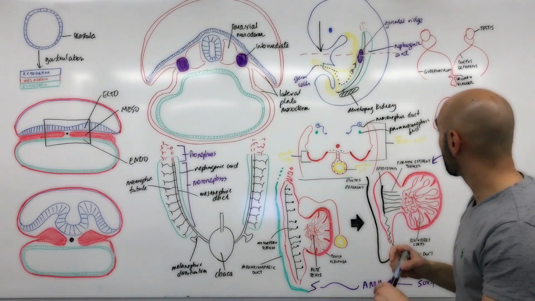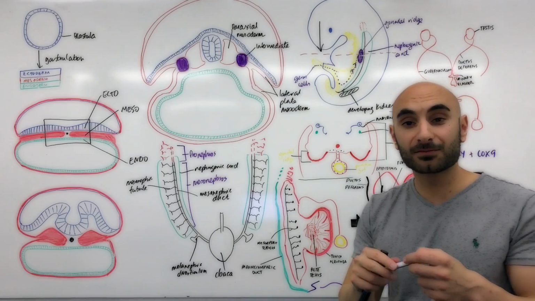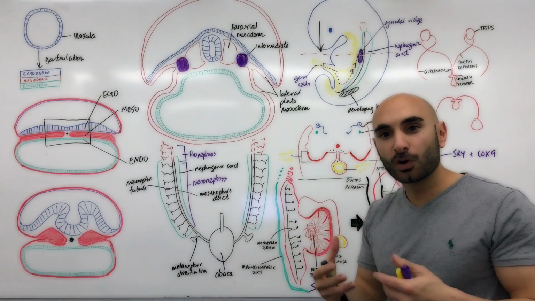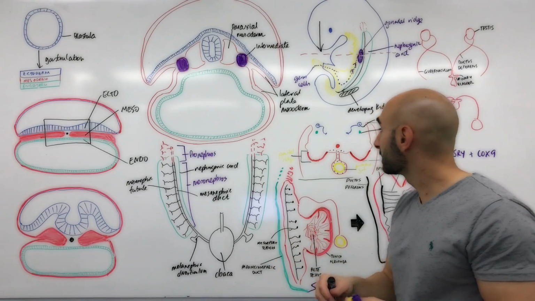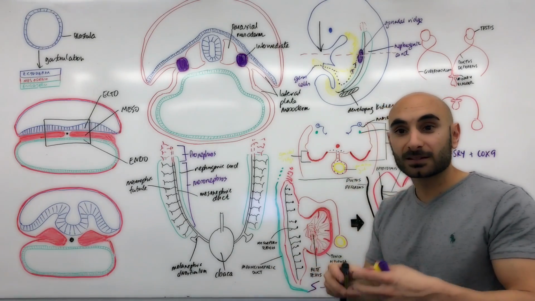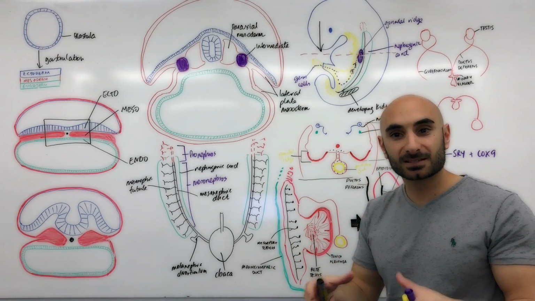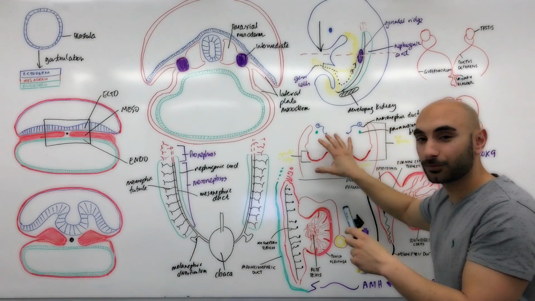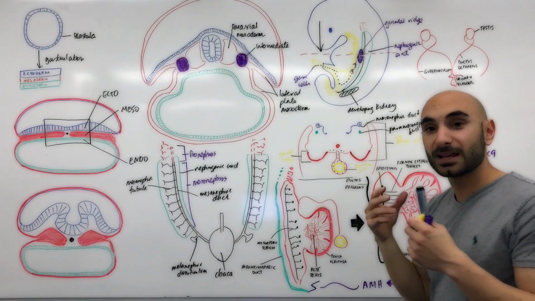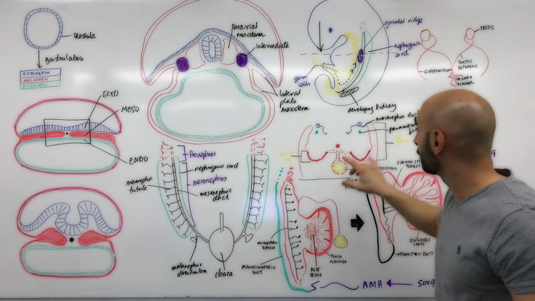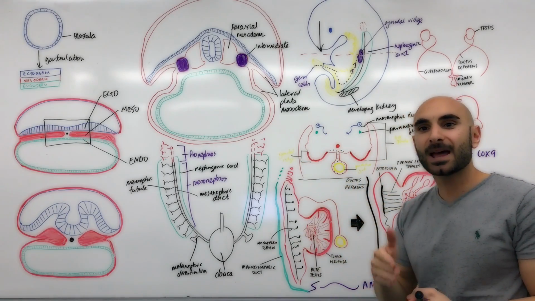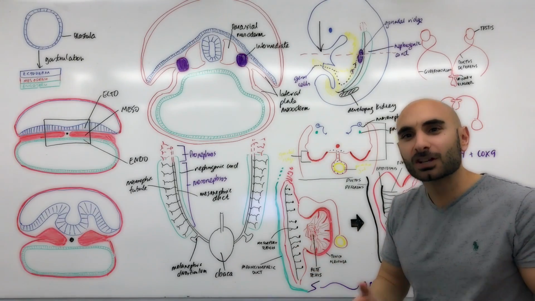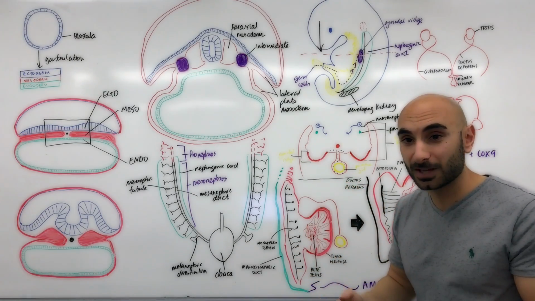Okay, so the paramesonephric duct is going to eventually become the ovaries and the fallopian tubes, and the mesonephric duct is going to eventually become the epididymis, etc. So what I'm trying to say here is at this point, we have the indifferent gonad. So initially, every human begins with both of these structures, and the genetic determinants make the decision on whether or not it's going to be a female.